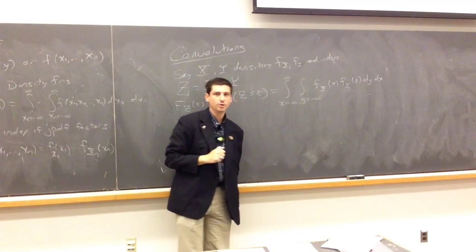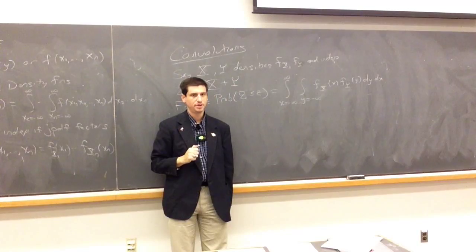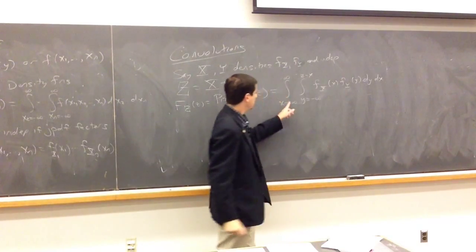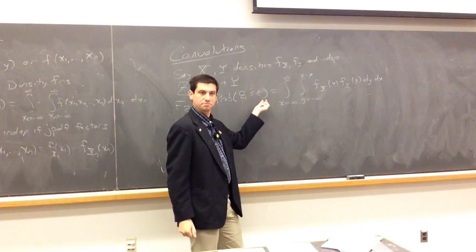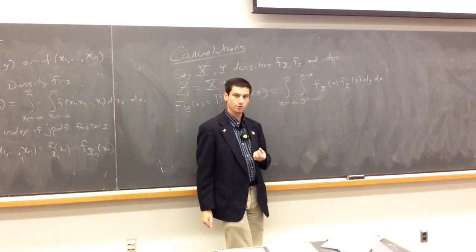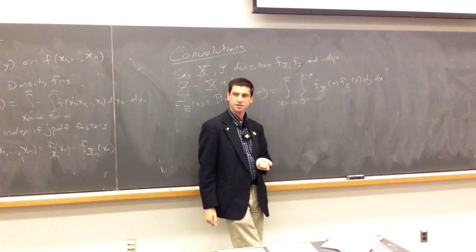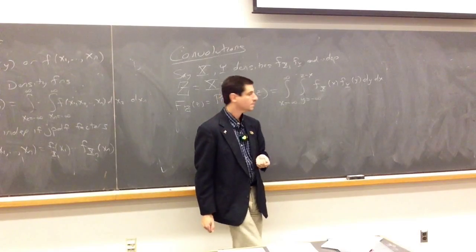How high can y go? Z minus x. Because we know x plus y has to be at most z. So the region I'm integrating over is y going up to z minus x for a fixed value of x.